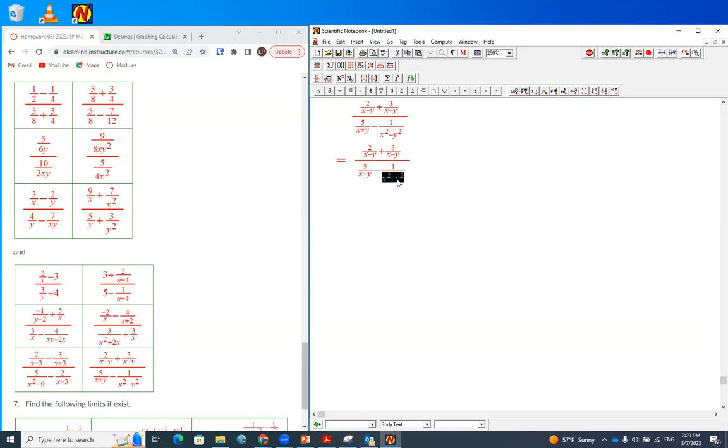If you recognize x squared minus y squared is really x plus y times x minus y, you can see the common denominator is right there. The common denominator is x minus y times x plus y.